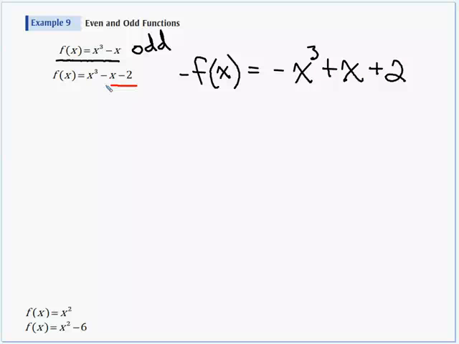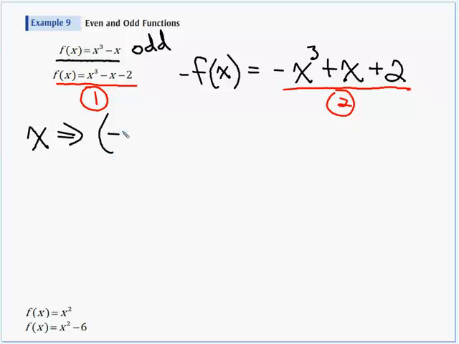So again, for ease of reference, here is option 1, the original function. Here is option 2, the negation of the function. Well, now we want to do the test. We are going to replace x with a negative x and see what pops out. There we go. So our original function f of x, we will now replace all x's with a negative x.